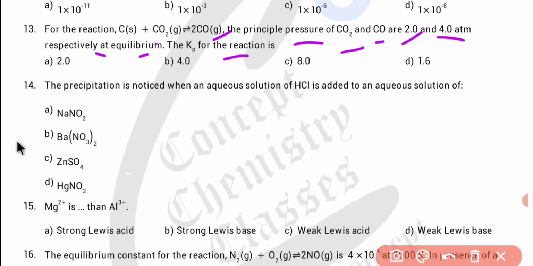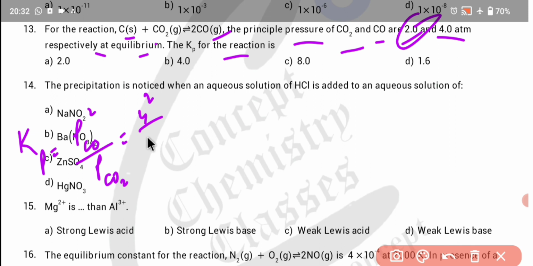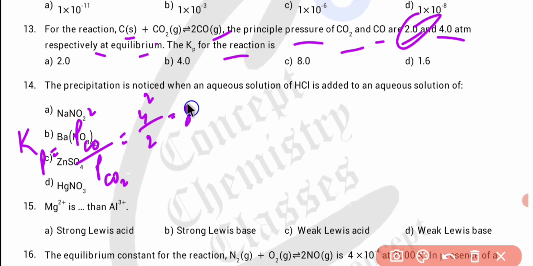The expression for Kp for this equilibrium will be partial pressure of carbon monoxide to the power 2 divided by partial pressure of carbon dioxide. Since carbon is solid, we will not include it in the expression of Kp. So partial pressure of carbon monoxide is 4, so 4 squared divided by carbon dioxide partial pressure of 2. So this is 8. So the correct option is C.